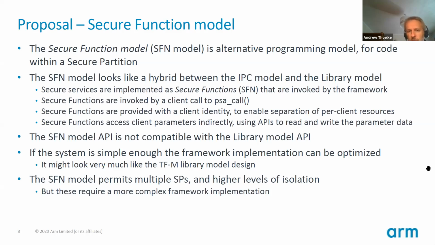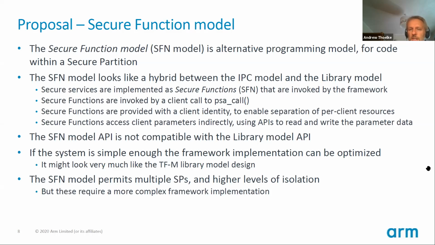So a secure function would have a different signature to the library model secure function. The sketch that I have is that it will take something like a PSA message T structure, which can be used to identify the type of message and then make requests to read and write the actual IOVEC parameters.